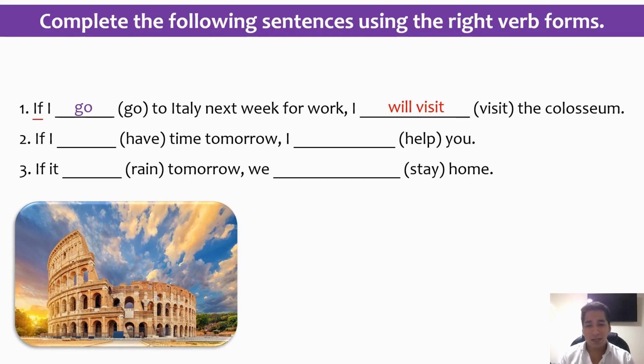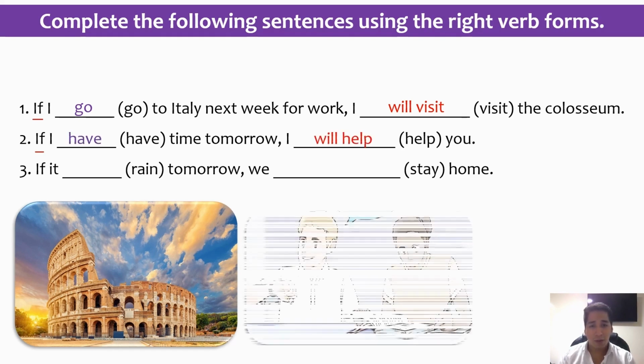Now, take a look at number 2. Once again, we have the if word, so this is the if clause, right? The structure is repeated, huh? Okay, so what are the answers? One more time. Splendid. Okay, if I have time tomorrow, I will help you.